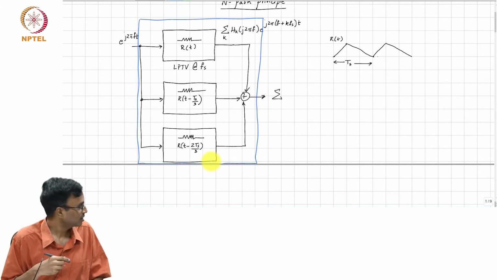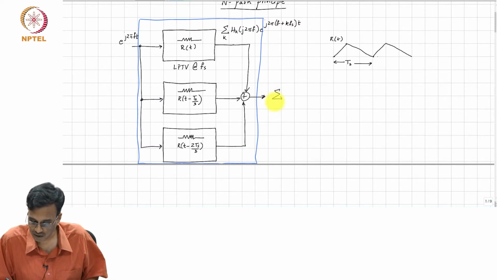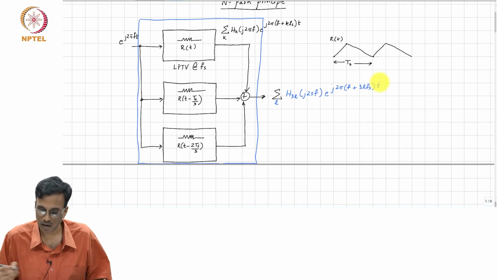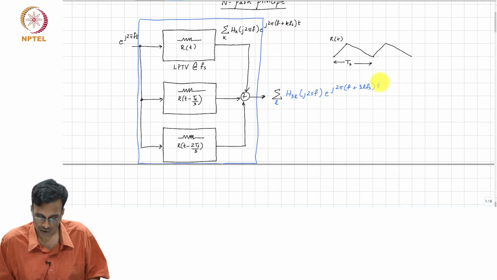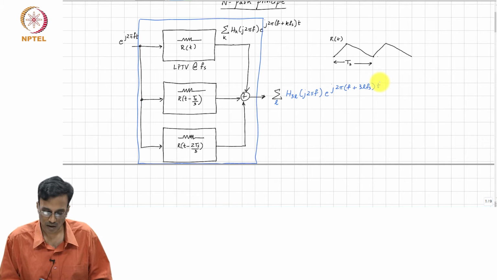But given the special nature of the three building blocks inside, as we saw yesterday, this can be written as the sum over all l of h sub 3l of j 2 pi f, e to the j 2 pi (f plus 3 l f s) times t, all right. And we saw why this comes about.